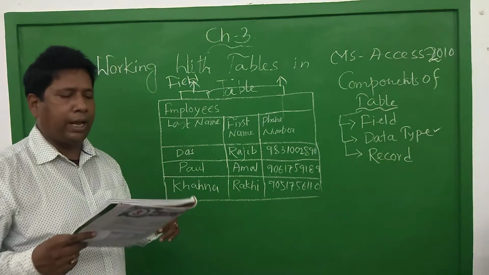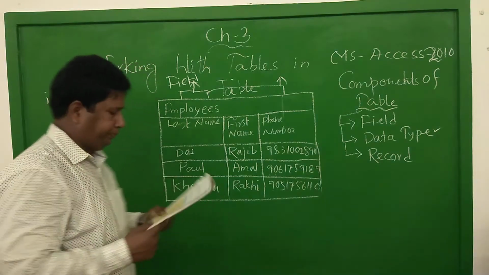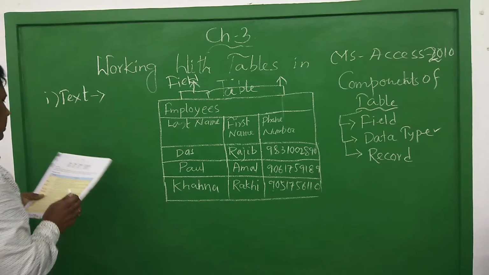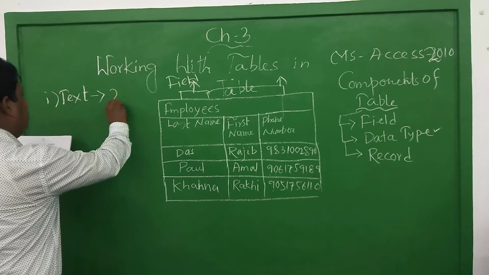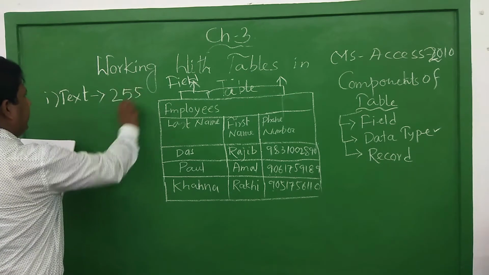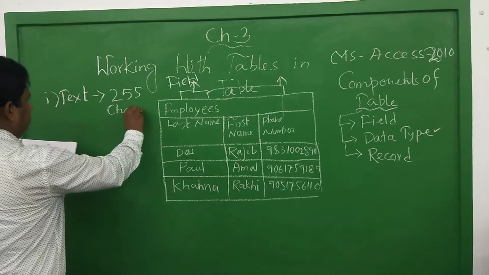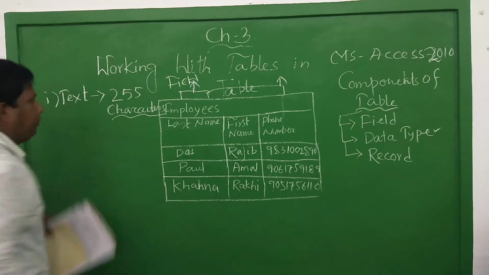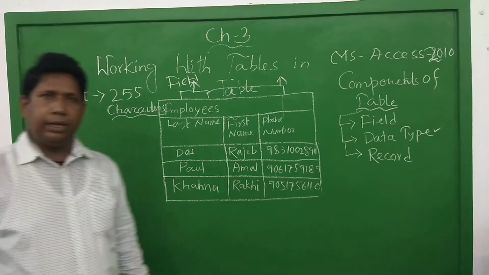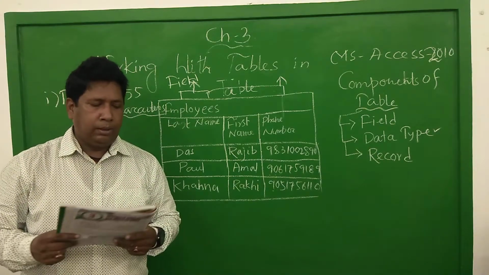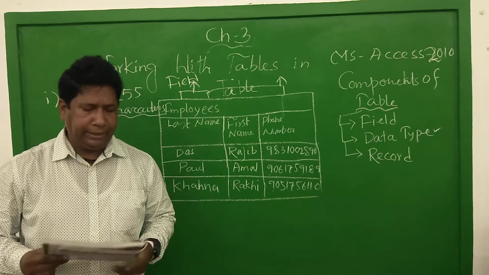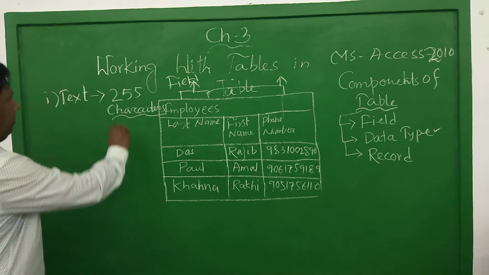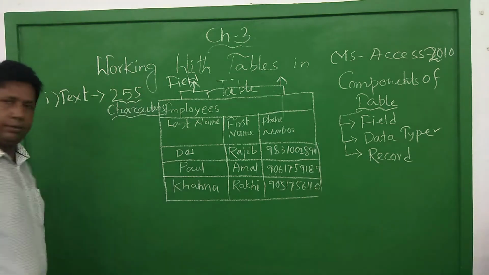In text we can store 255 characters. Now it's clear for you. In the data type text, you can store a maximum of 255 characters.